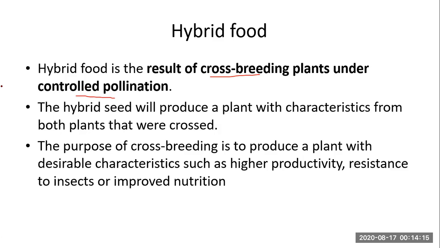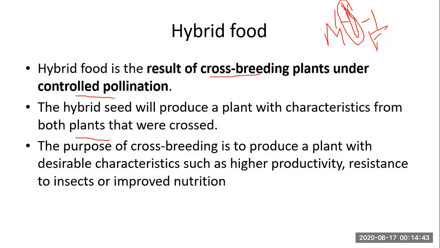So this hybrid seed will produce a plant with characteristics from both plants that were crossed. That means if there are two plants and both are crossed together by the pollination process, the newly grown plant will carry the characteristics of the mother and also the father. And that will be the hybrid food.